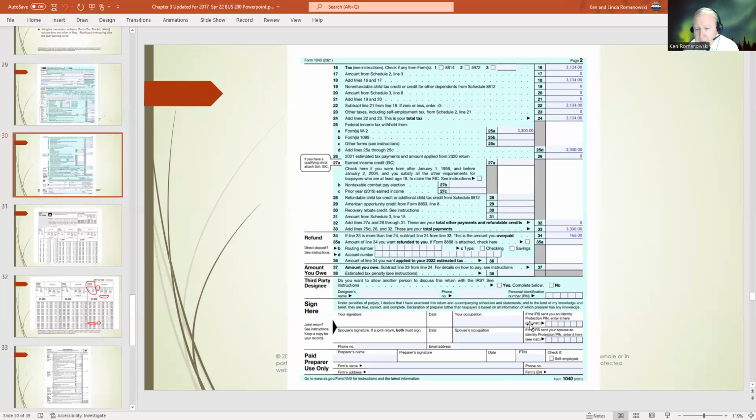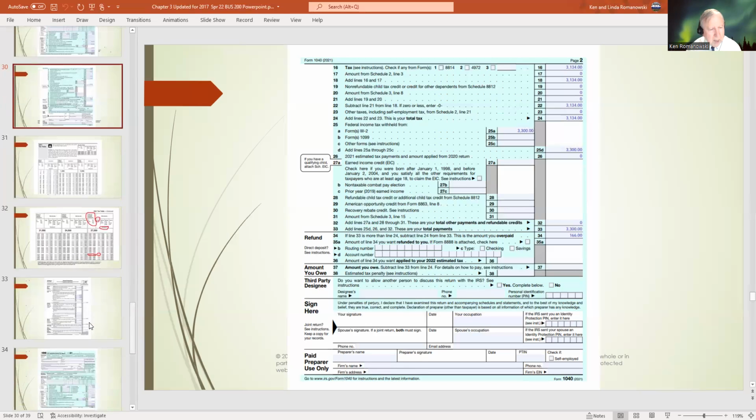And then there's also, if the IRS sends you a PIN number, this has to do with special identity protection, you would put that PIN number in here. If you don't have it, then don't worry about it. If someone prepared your taxes, they're going to sign right below here. So you would have the preparer sign your form after you have already signed it as well.